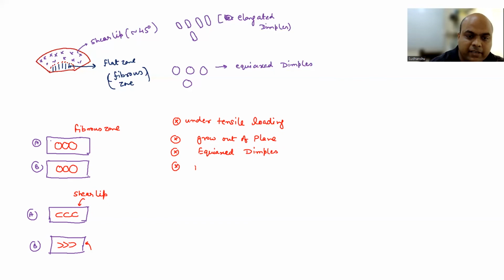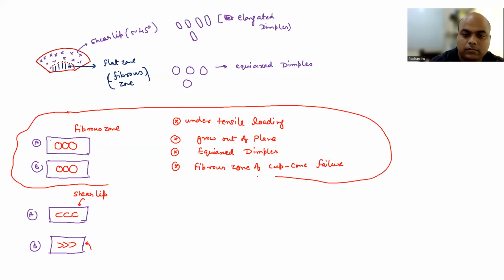And fourth, as I mentioned already, this is fibrous zone of cup and cone failure. Okay, so this corresponds to this.